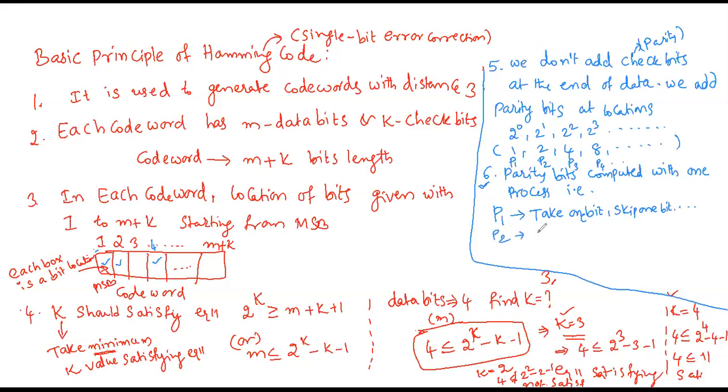P2: take 2 bits, skip 2 bits. P3: take 3 bits, skip 3 bits.